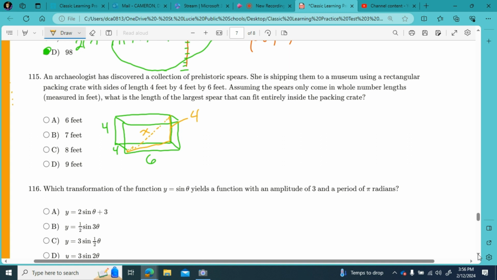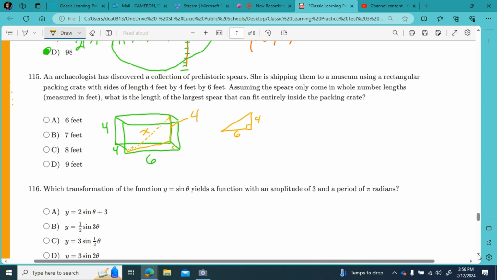I see a right triangle down the bottom. So I took this out and moved it over here. My width is 4. My length is 6. The hypotenuse will give me that diagonal at the bottom.